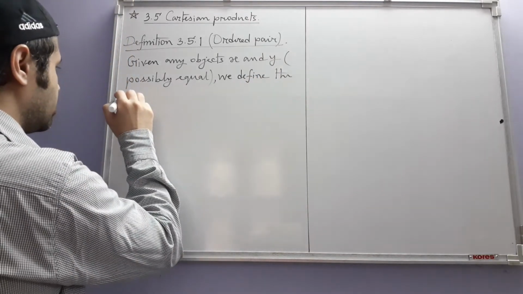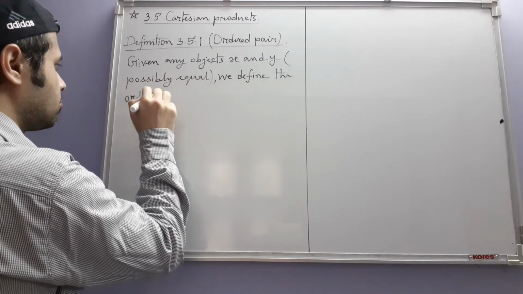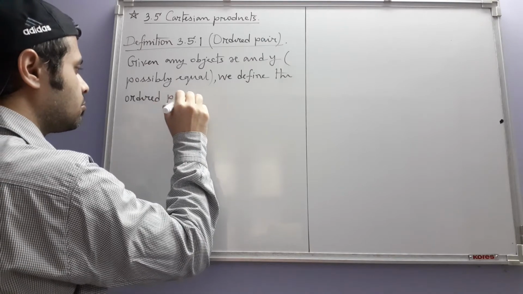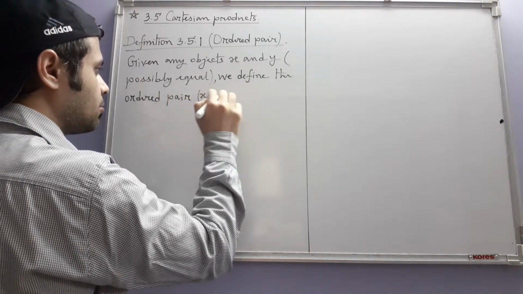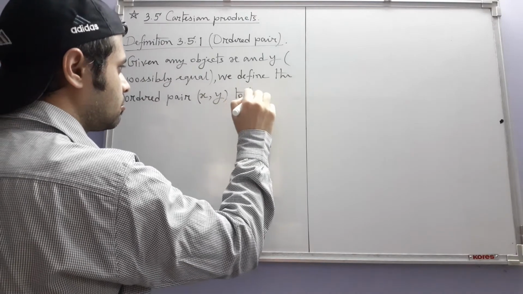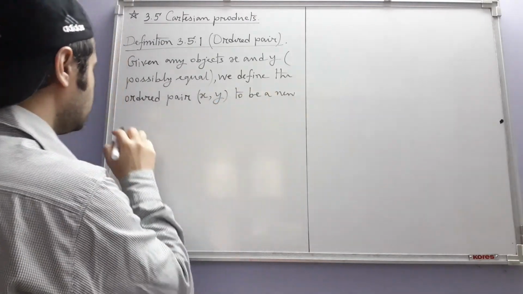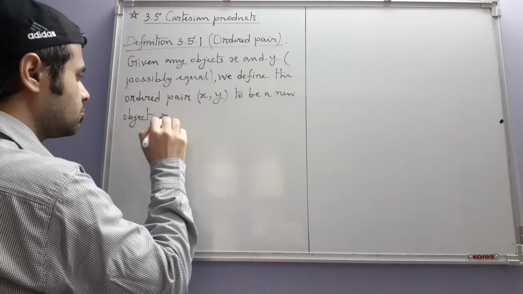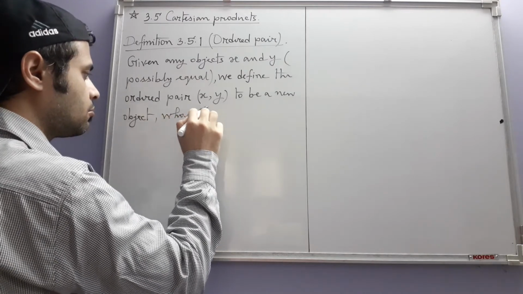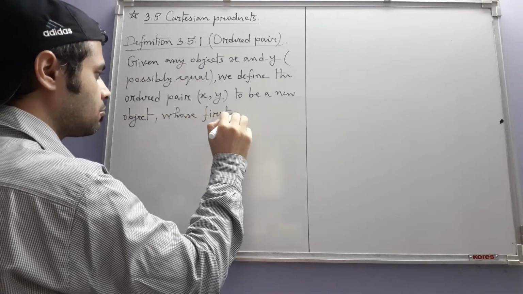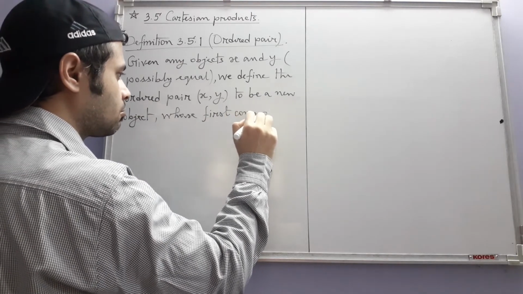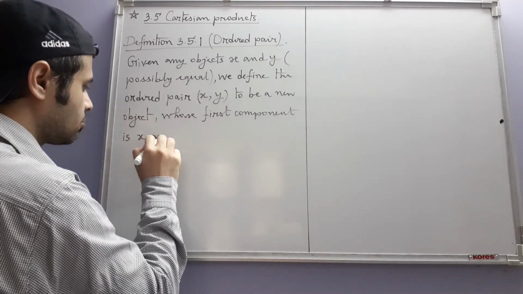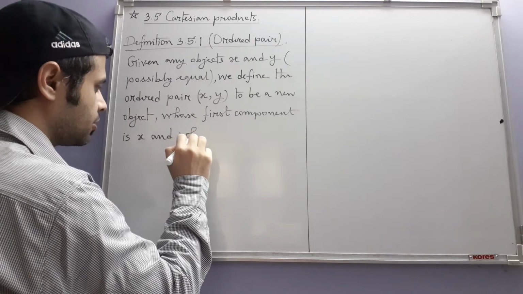We define the ordered pair x comma y to be a new object whose first component is x and whose second component is y.